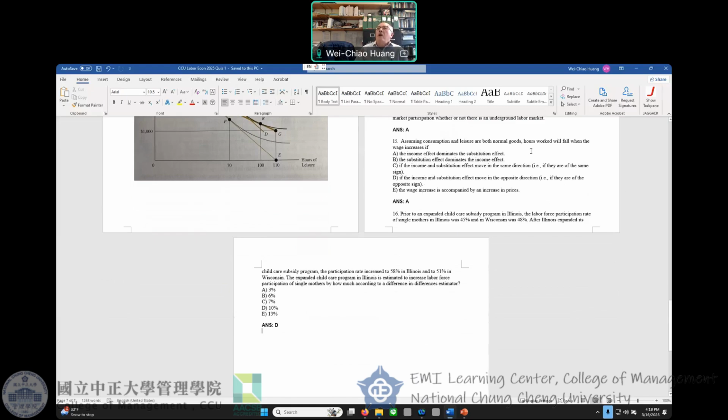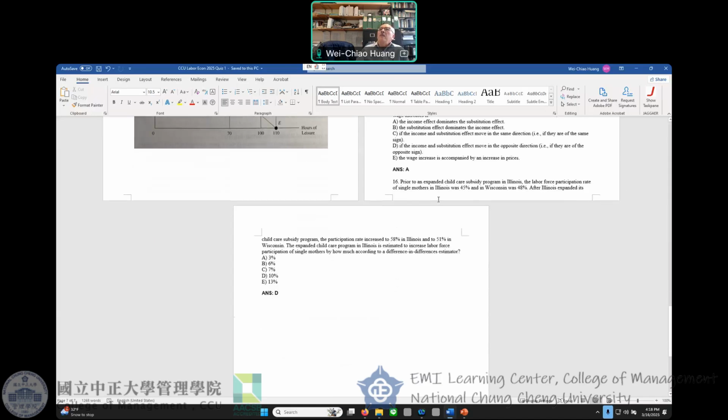Because we know from our earlier discussion, when the wage increases, the income effect is going to induce the person to reduce labor supply. And the substitution effect will cause the person to increase labor supply. So the two effects fight against each other. So if the income effect is stronger than the substitution effect, in net terms, this person will end up reducing working hours. Okay? So that's why the answer is A.